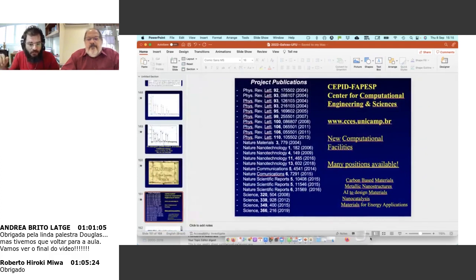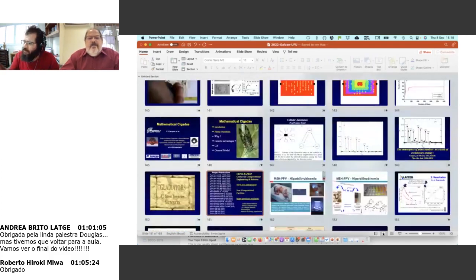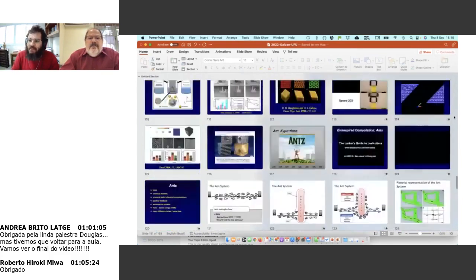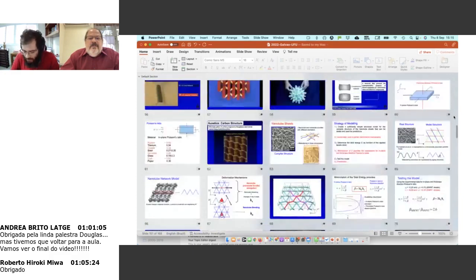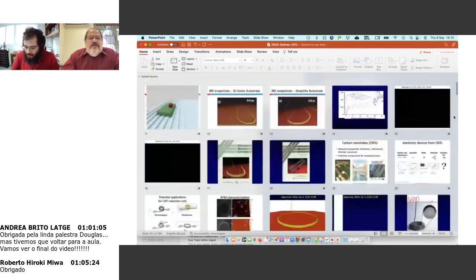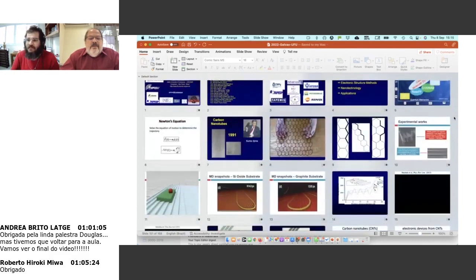In the first part of your talk, I had a question about what is the force that attracted the carbon nanotube on top of the substrate, and I think it became clear to me it's the van der Waals force, right? Right. Okay. So at some point you said this is pretty strong, and my question is, once the carbon nanotube is deposited on top of the silicon oxide, right?